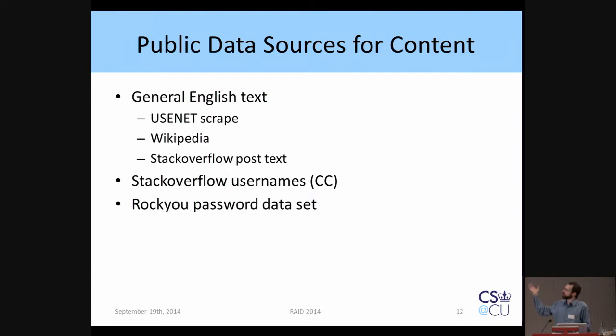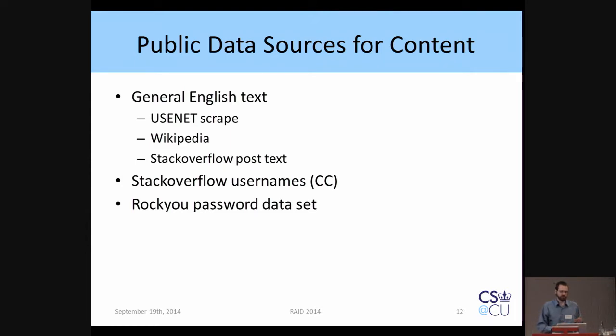Some of our sources for public data: we want to reuse real user content. You can imagine that if one of your use cases is posting a new blog post to WordPress, well, what English text do I put in that blog post? Maybe I can use some data from a scrape of Usenet, Wikipedia, or Stack Overflow, these existing data sets of English text.